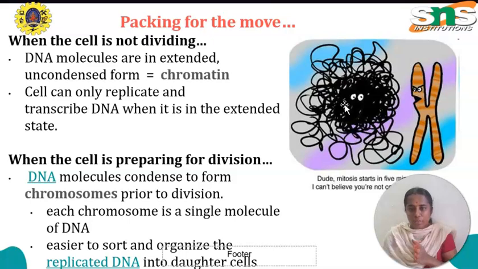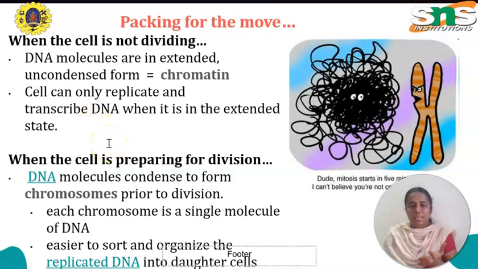When the cell is not dividing, this forms chromatin. The DNA molecule is in an expanded, not condensed, form. A cell can only replicate and transcribe DNA when it is in the extended state.